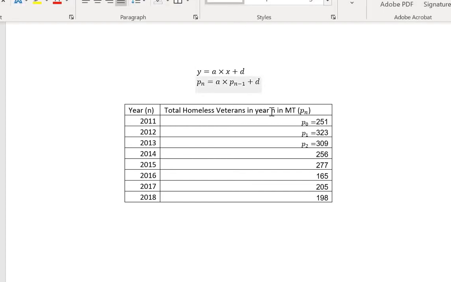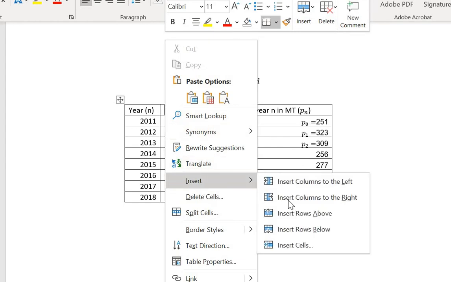So these two things are the same thing. P sub n is this data here, right? This is all the P sub n's. So these are my y's.